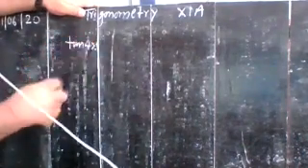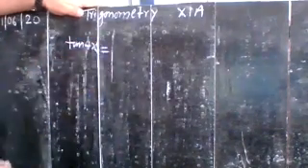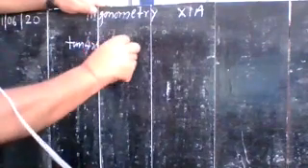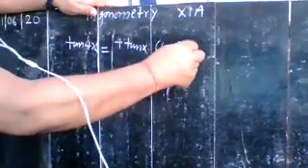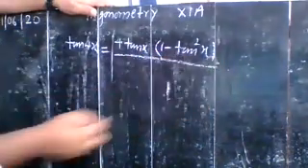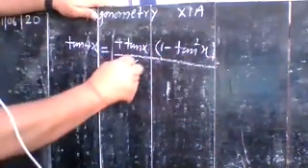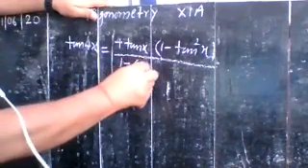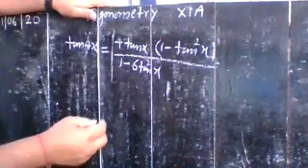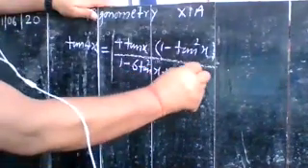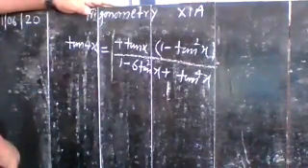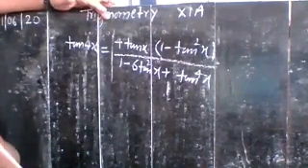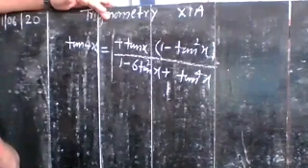Prove that tan 4x is equal to 4 tan x into (1 minus tan square x) whole divided by 1 minus 6 tan square x plus tan to the power 4x. You have to prove this result.